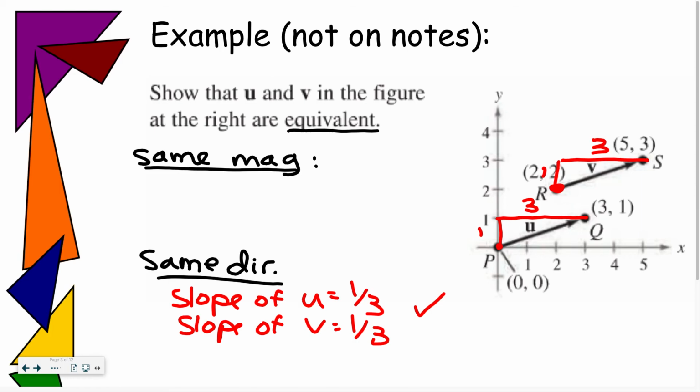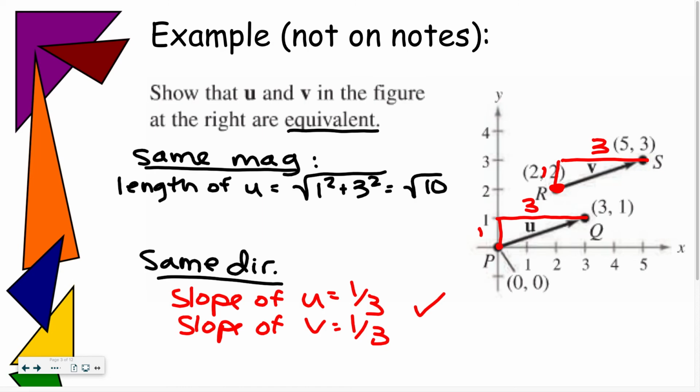How could you find the length of U and the length of V? Pythagorean theorem. So the length of U is, let's say, the square root of 1 squared plus 3 squared. Okay, because I would add up my legs squared, so that's the square root of 10. And the length of V, obviously, is the same thing.